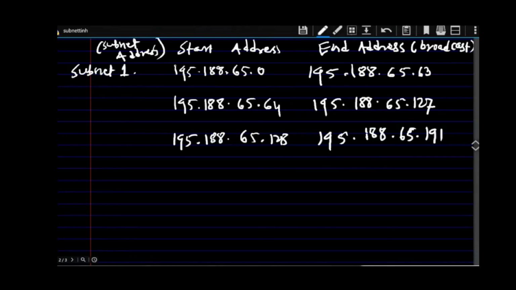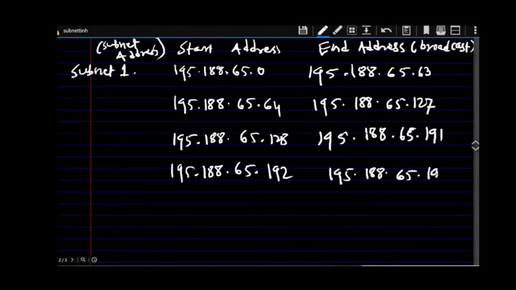Am I right? And the last subnet, 195.188.65.192 and 195.188.65.255. So this is subnet 1, subnet 2, subnet 3, and subnet 4.